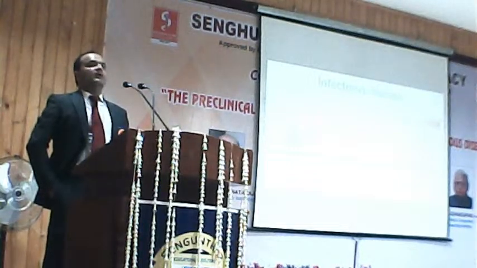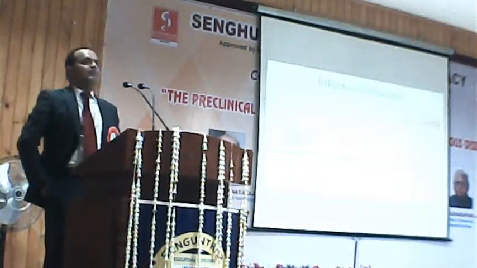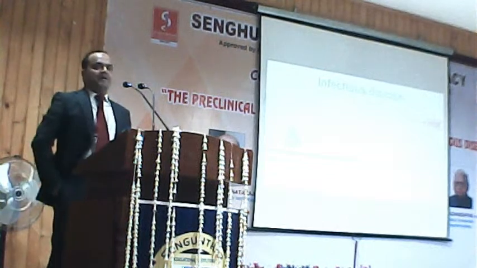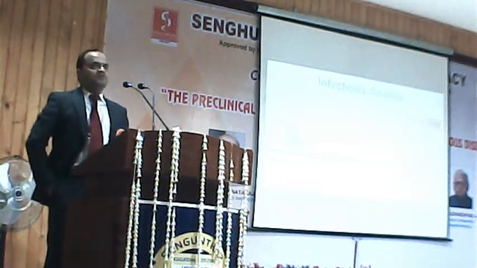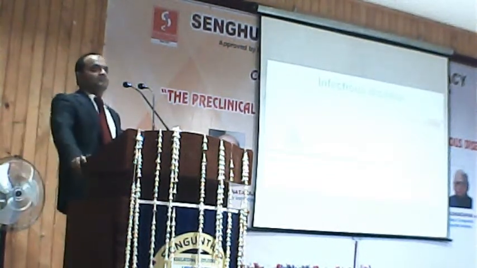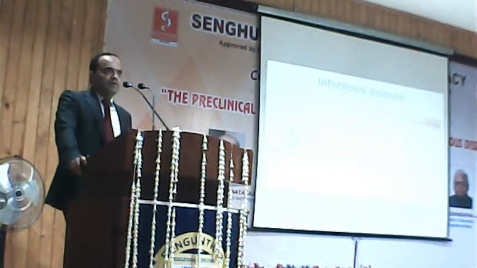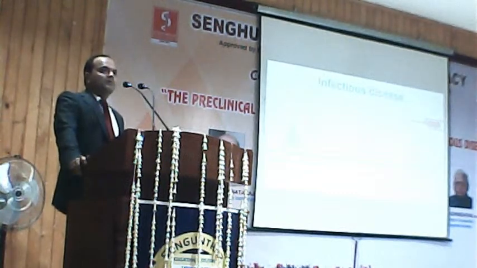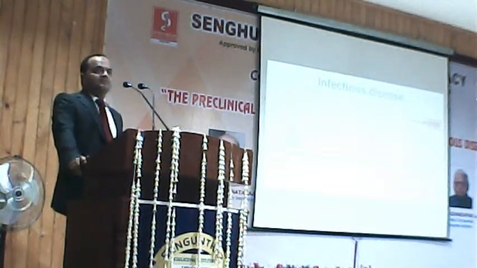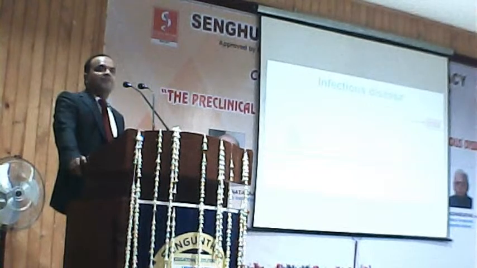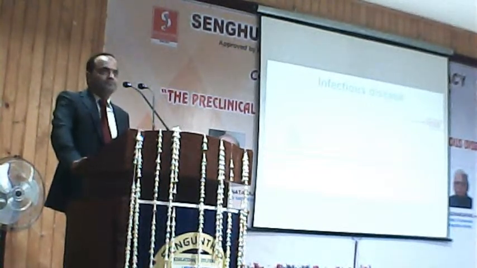Even before discovering the bacteria, pathogens or microorganisms, there was some way to deal with these infectious diseases. And basically, the history of infectious diseases is divided into 5 different phases.